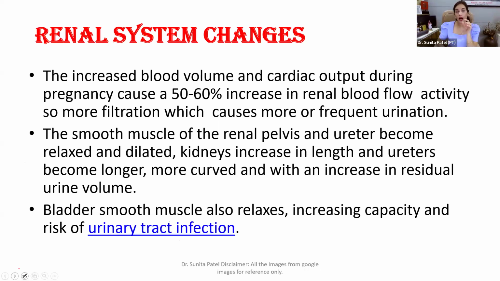So you can understand why there is more urination during pregnancy, and that starts from the first trimester itself, because more growth means more excretion. That excretion is going to do more filtration from the kidney, and more filtration means more production of urine. If I'm a normal female, not pregnant, my urination can be 6 to 7 or 8 times in 24 hours.